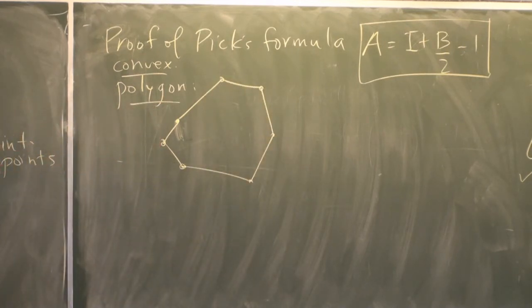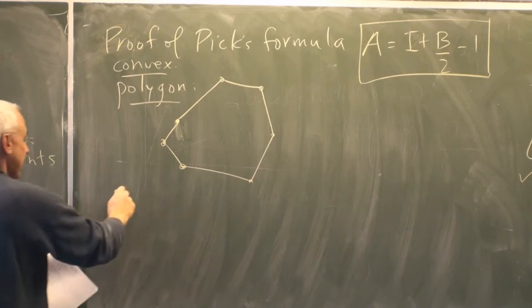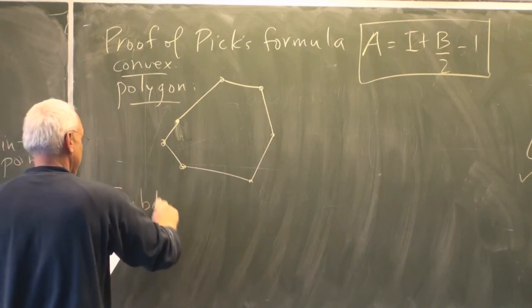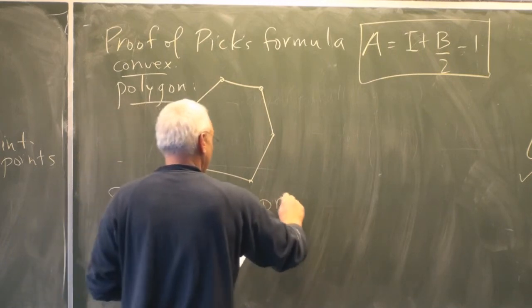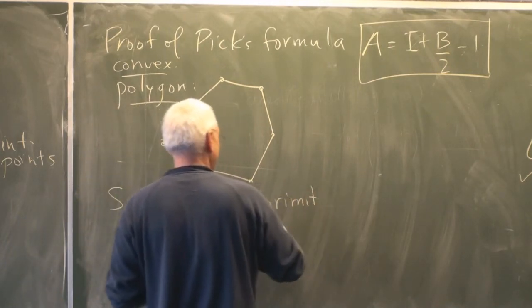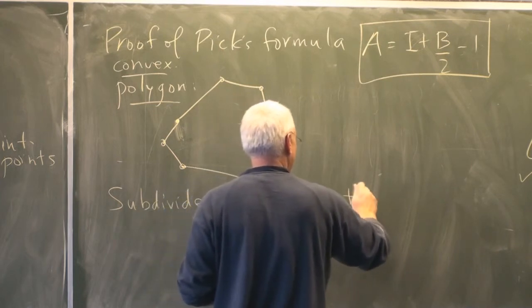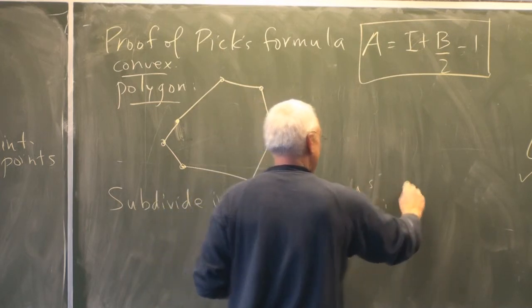I haven't shown them. Okay, so the first thing we do is we subdivide into primitive triangles. Let's say T of them.